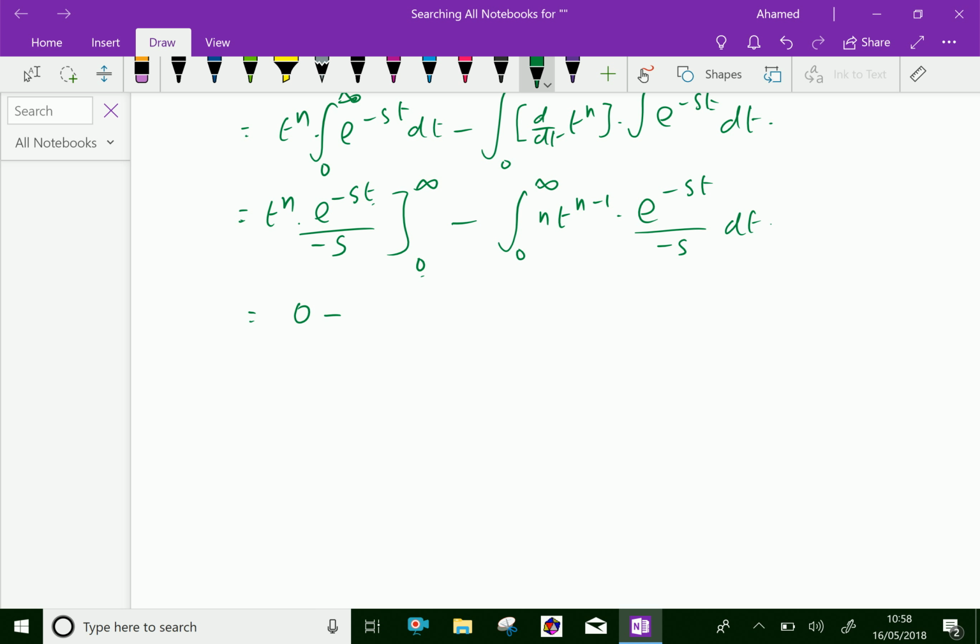Here t is 0, so 0 power n is 0, and 0 multiplied with any number becomes 0, so this part also becomes 0.